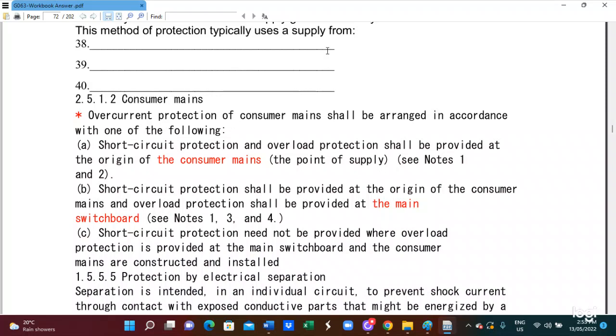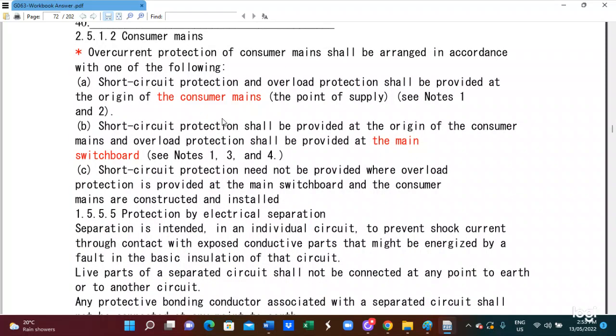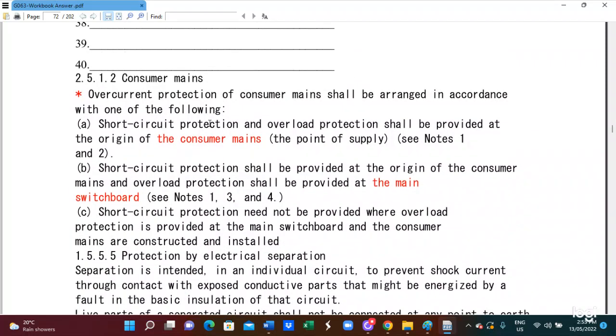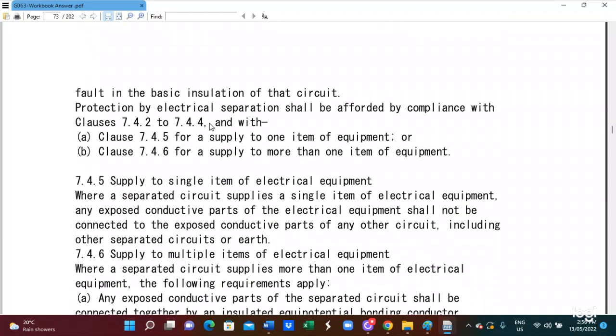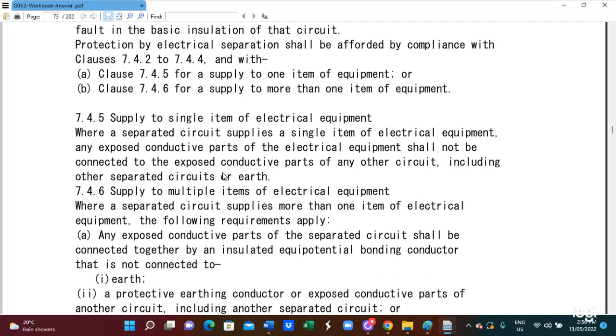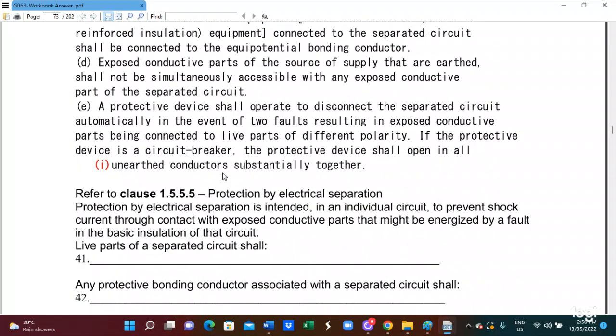Read clause 2.5.1.2 regarding the consumer main, the definition of the consumer main, and how to provide short circuit protection. You can read those things on the consumer main. You also read through clauses 7.4.5 and 7.4.6 regarding supply from a single item of electrical equipment to multiple items of electrical equipment. And the other conductor definition refers to clause 1.5.5.1.5.